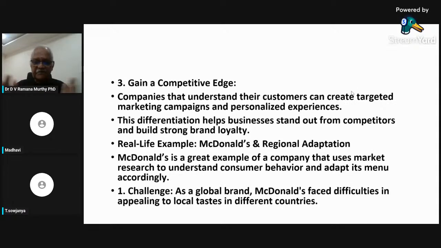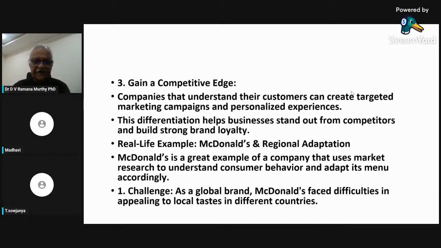Let me give you a very clear explanation of how McDonald's adapts its products to markets. McDonald's is a great example of a company that uses market research to understand consumer behavior and adapt its menu accordingly.